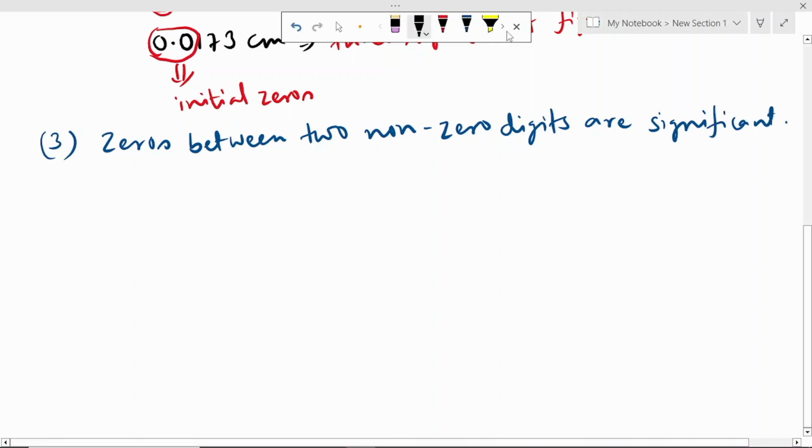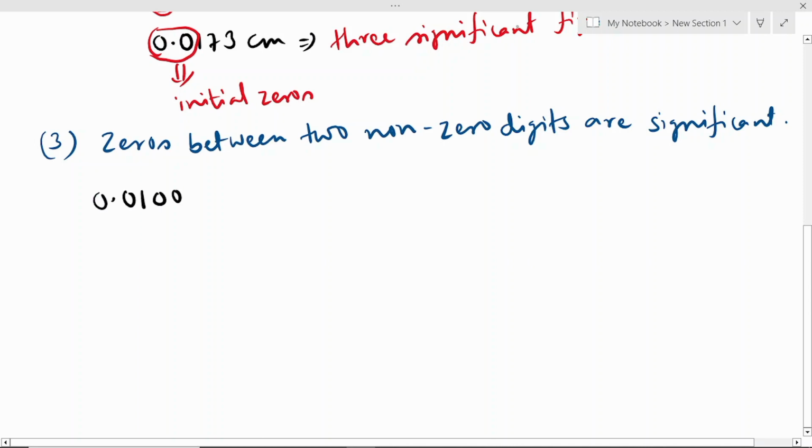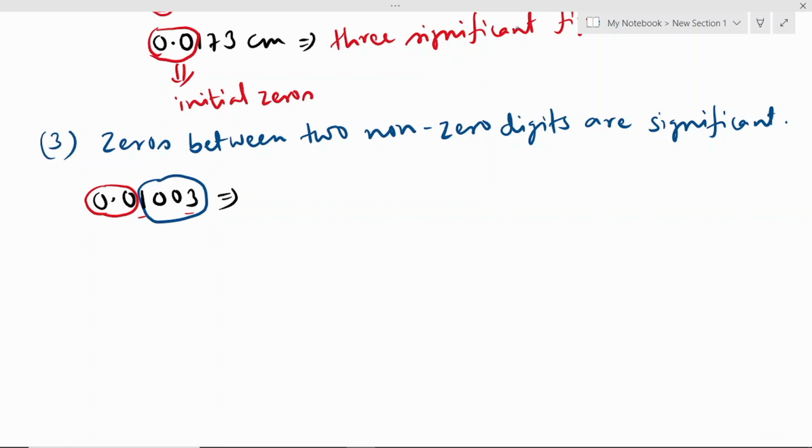For example, here how many significant figures are there? These are initial zeros, so these are not significant, and these two zeros are between two non-zero digits, so all four digits are significant.